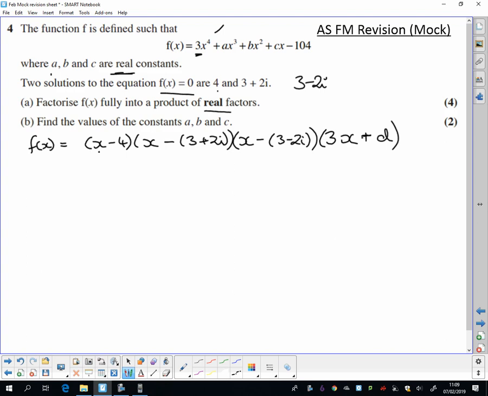So this is f of x now fully factorised, but I've got 2 factors which have complex numbers in, and I wanted everything real.